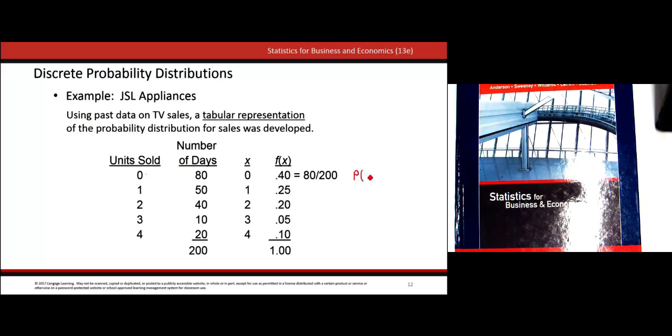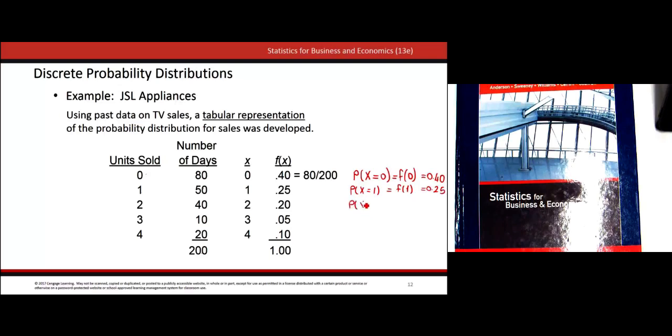What's the probability of not selling any television? Based on this, it is 0.4. What's the probability of selling 1 TV in any given day? 0.25.